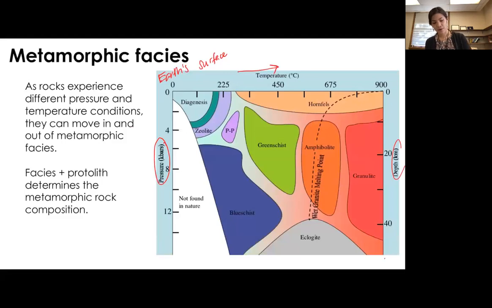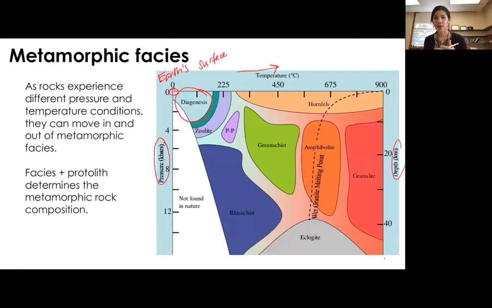So they start out from the 0, 0 point, where they are the original sedimentary rock. As temperatures and pressures increase, they undergo diagenesis. Right, we talked about diagenesis as that alteration that remains a sedimentary rock. It doesn't start to form new minerals quite yet. And so we can start to move through this diagram.